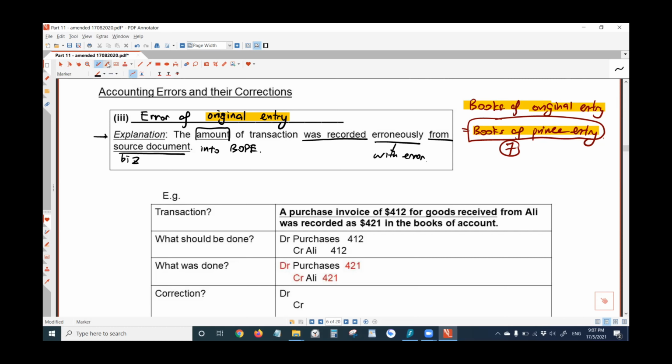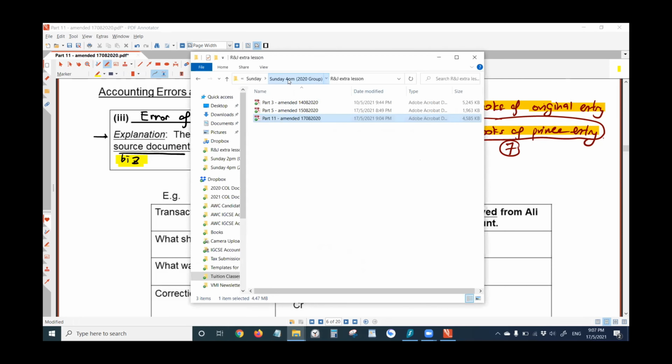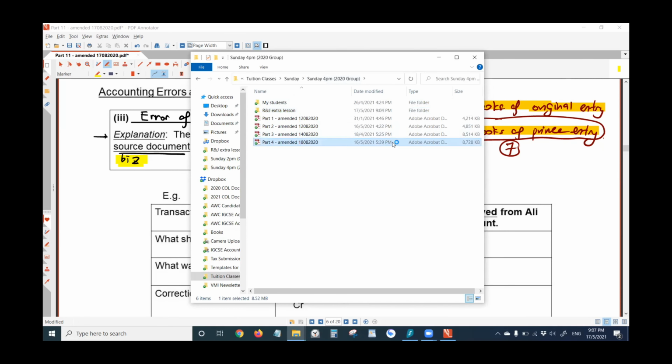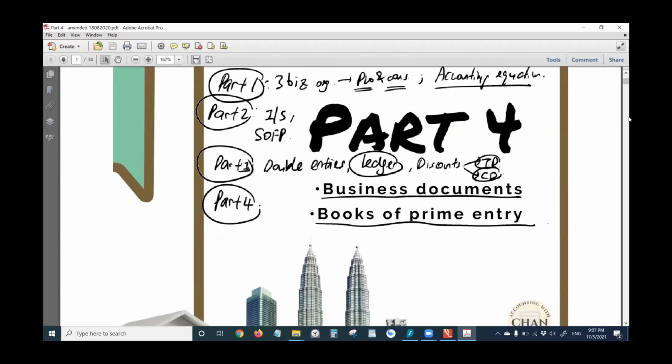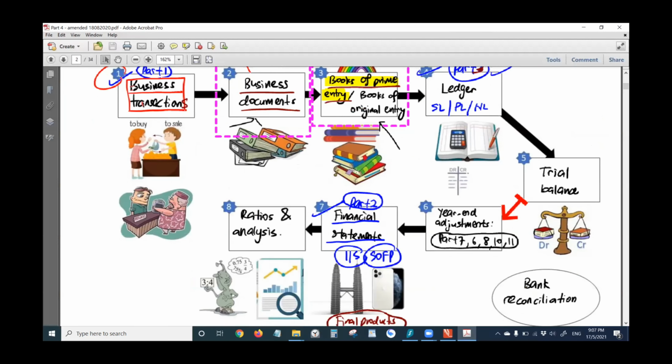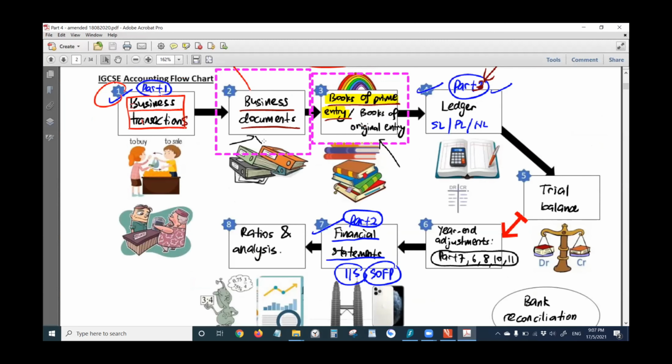Whenever you have a business document, you must first record into the books of prime entry. This is what you learn from part 4. Let me show you. In Sunday's lesson, you learn from part 4, first page. This flowchart tells you how the entire process of accounting works.